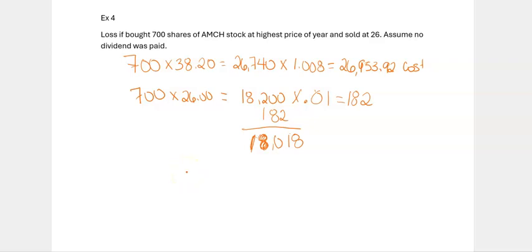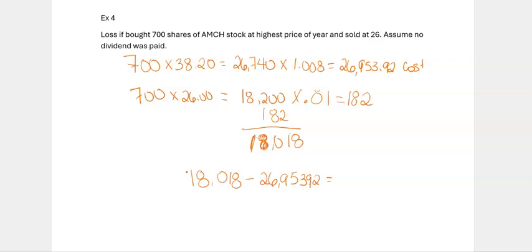So now I've got to figure out if it's a profit or a loss. So I'm going to take my $18,018, and I'm going to subtract the cost of it. So what it originally cost me. So it originally cost me $26,953.92, including the brokerage fee. Oops, I forgot the 9 in there.